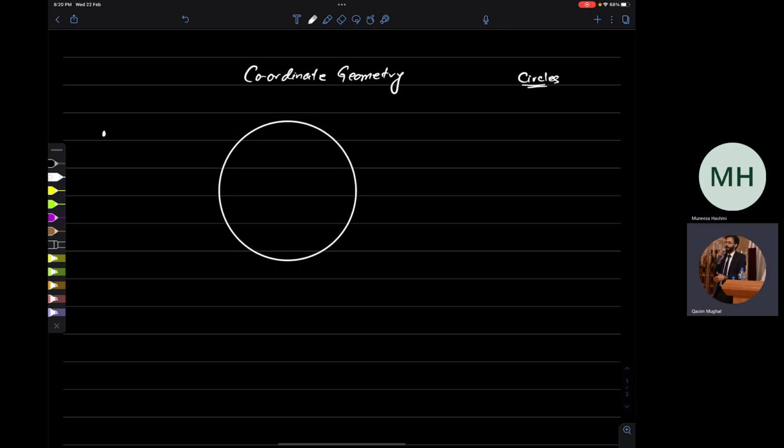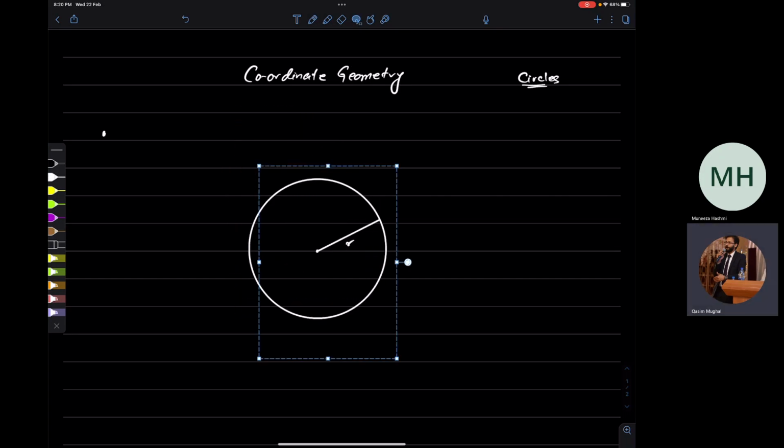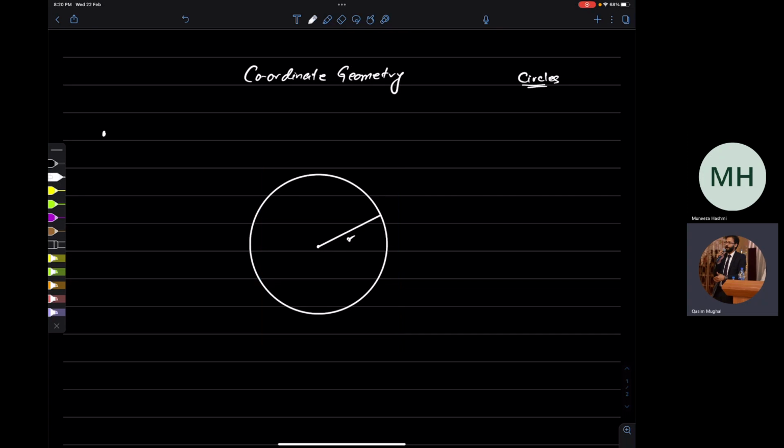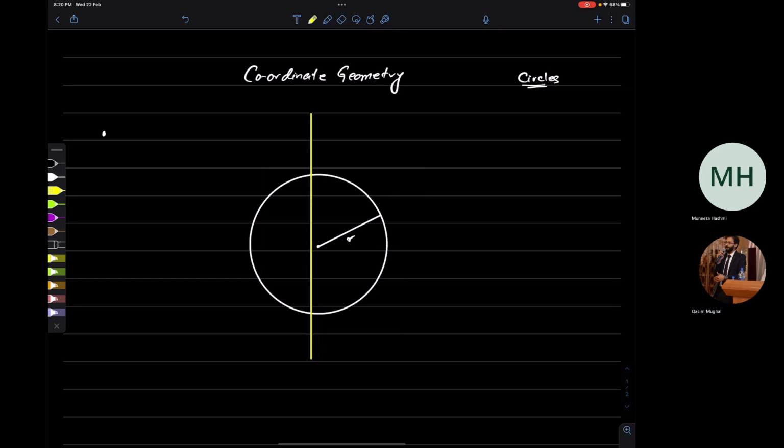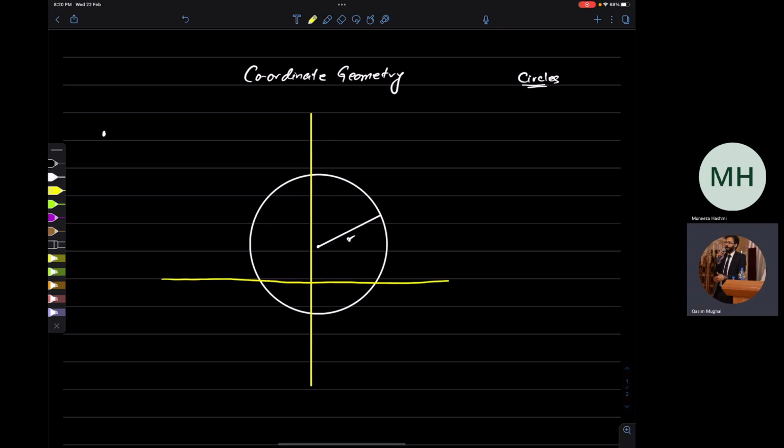So let's say this is a circle which I have, and let's assume that this is the center of it, and it has a particular radius. Now this is a random circle drawn anywhere, but if I draw the same circle in a Cartesian plane, with the y-axis and the x-axis, so let's say I have a circle like this in a Cartesian plane.